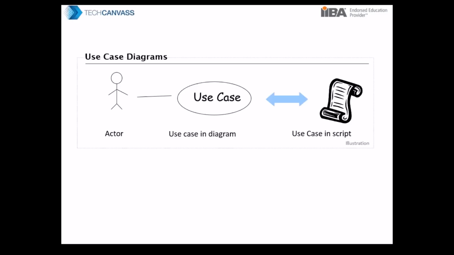All of these methodologies which we are talking about assume that the customer is not with you. That's why you need all these documentations and models to keep on verifying with the customer that you are going on the right track. If the customer is sitting with you, especially in agile methodology, you don't need anything like that. So all your sprints and the documentation are done on a simple piece of paper, which are called user stories.